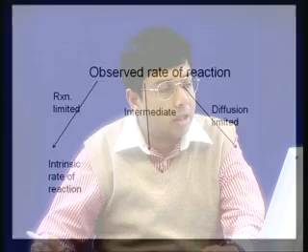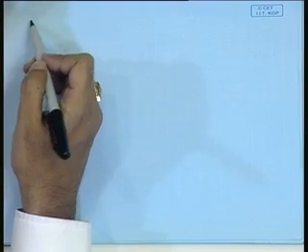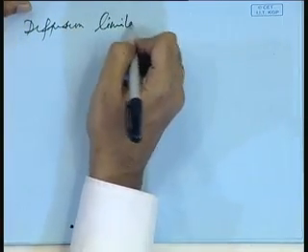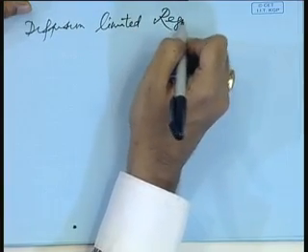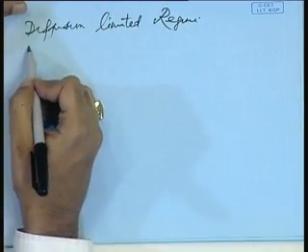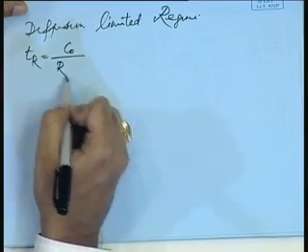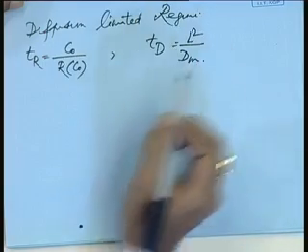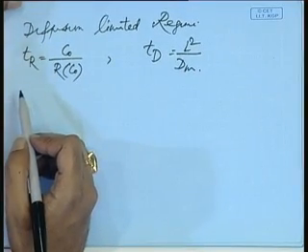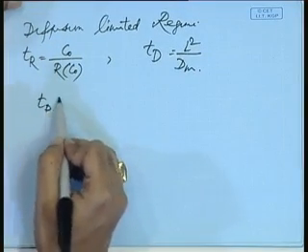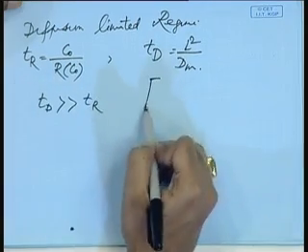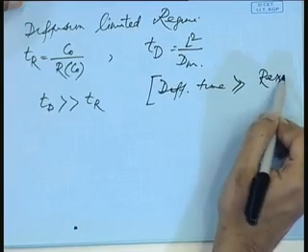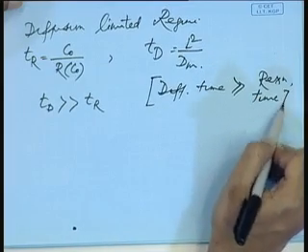What I want to do is the last one, the diffusion limited regime, and we have already done this. So, it will take us a few seconds to do. Diffusion limited regime, again my Tr is C naught over R C naught, my Td is L square over Dm. In the diffusion limited regime, diffusion is limiting, right, which means that Td is much greater than Tr, or diffusion time is much greater than reaction time, fine.